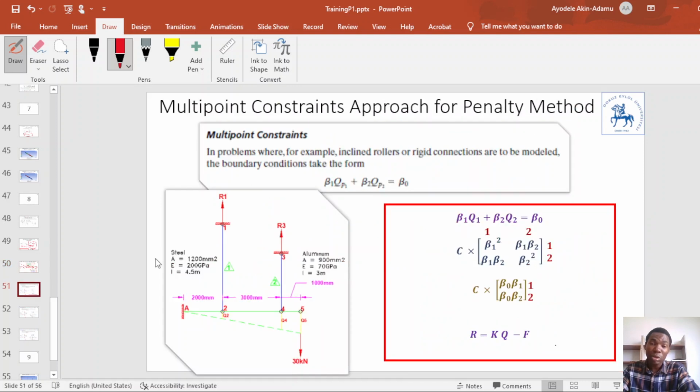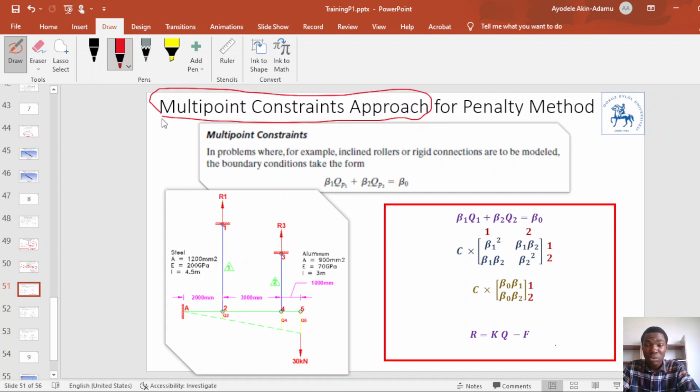But we are going to apply a concept called the multi-point constraint approach. I've already recommended a textbook in one of my previous videos on introduction to finite element procedure. So I strongly advise you to study the book to understand this multi-point constraint model.